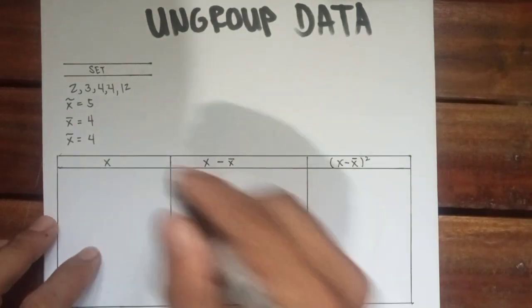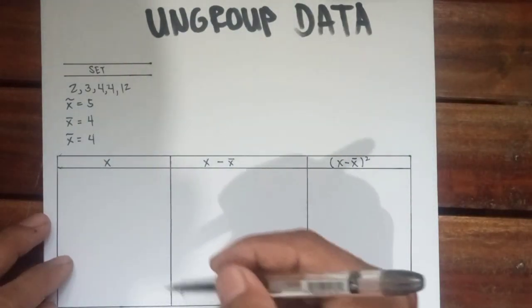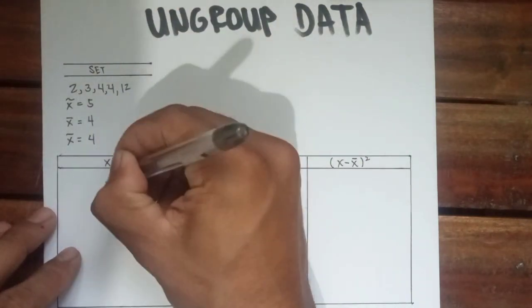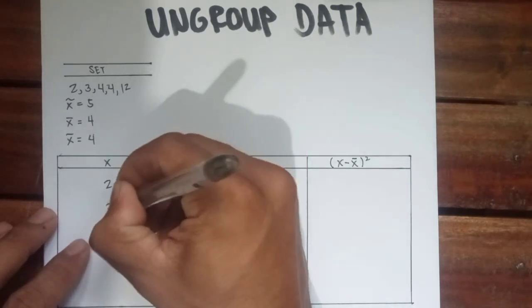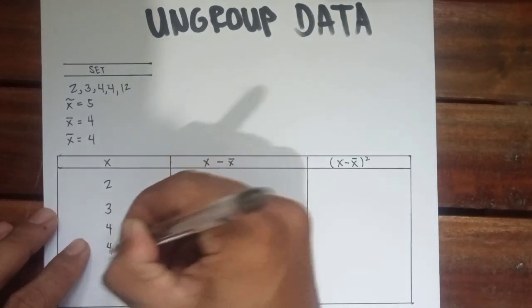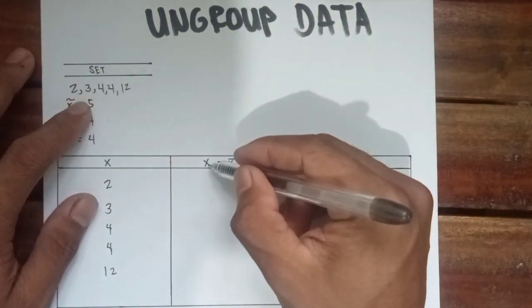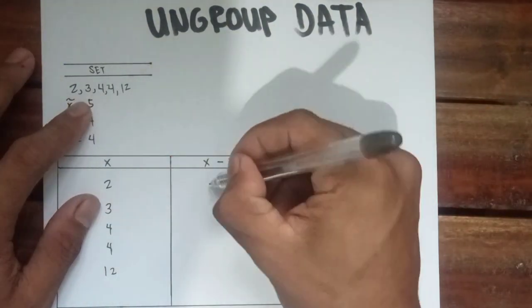Ayan na po. Lagay po natin dito sa x yung ating mga values. Itong 2, 3, 4, 4, and 12. Ayan na po. At saka, ang ating x is 2.